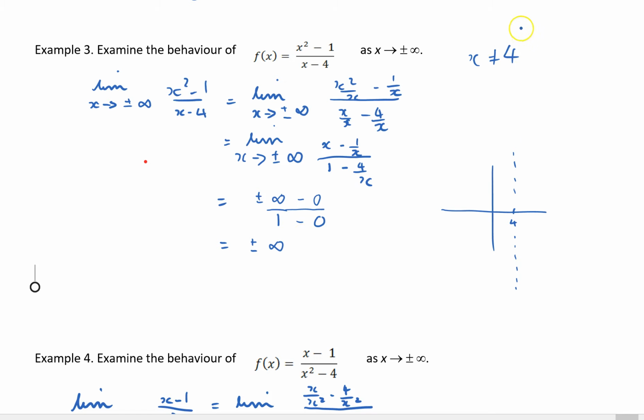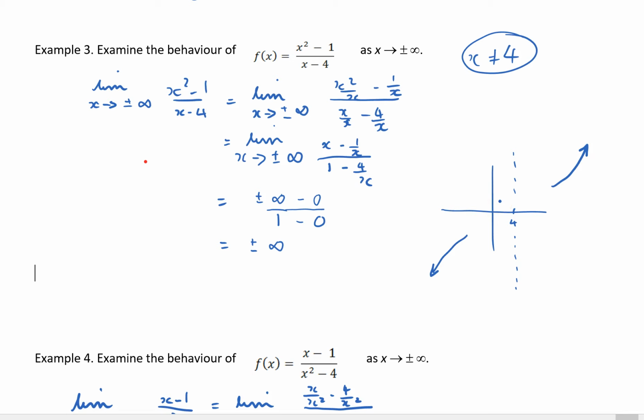We should have established back here, and you can see I have written it, that in this function, the graph will not exist at x equal to 4 because that would give us a 0 in the denominator. So we've got our vertical asymptote at x equal to 4. We know that this graph is going to go off to plus infinity, and it's going to go off to negative infinity as x goes to plus and minus infinity, respectively.